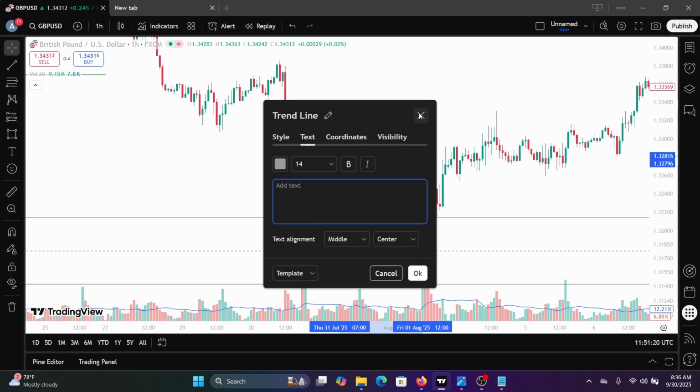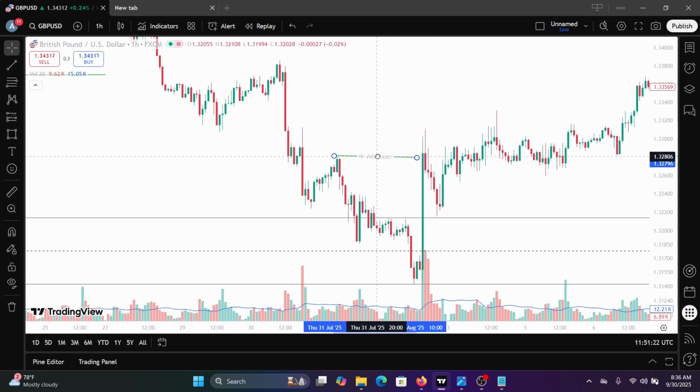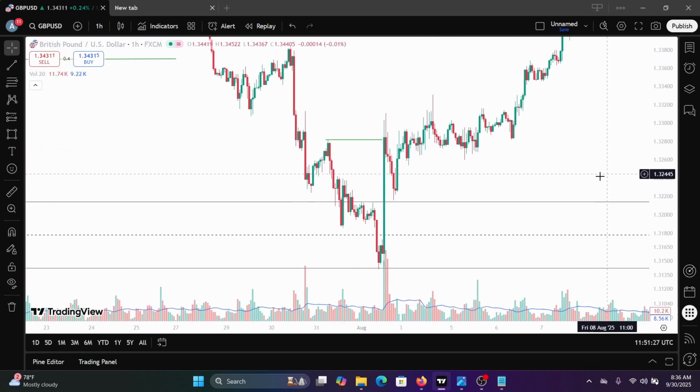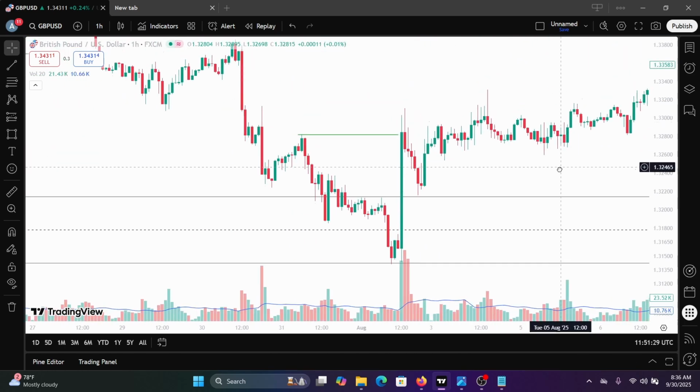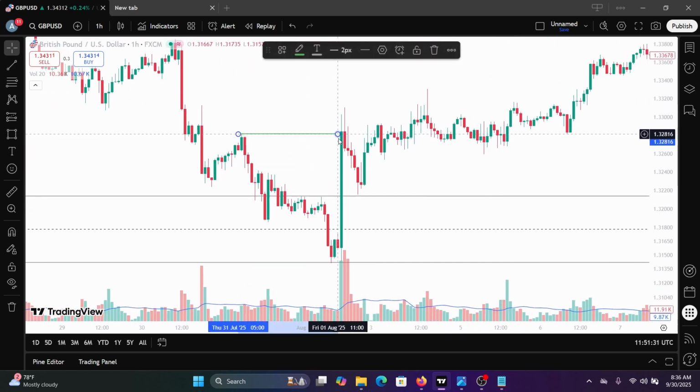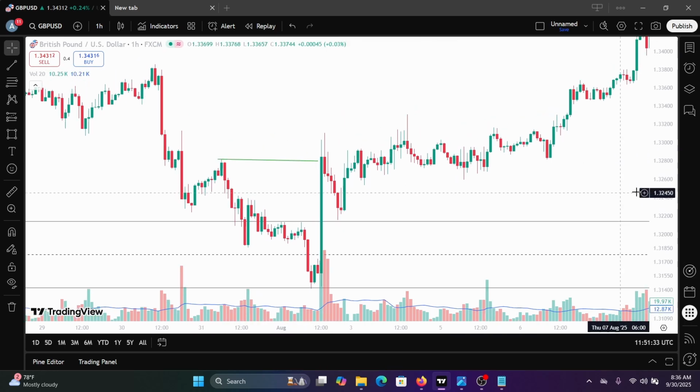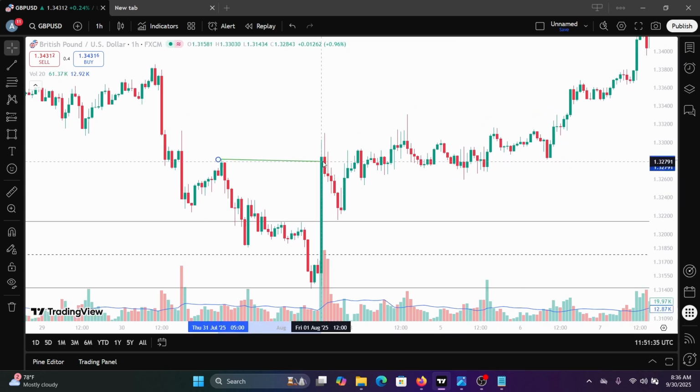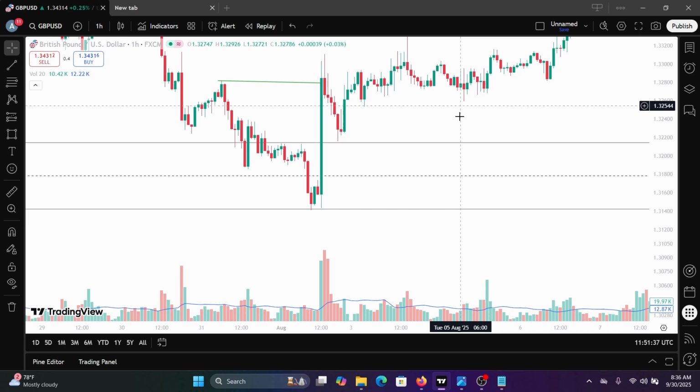Now if this is the market structure shift, there are two things that I can do.